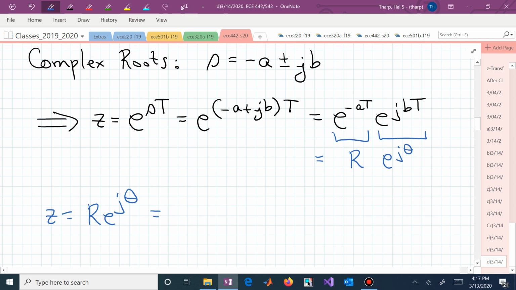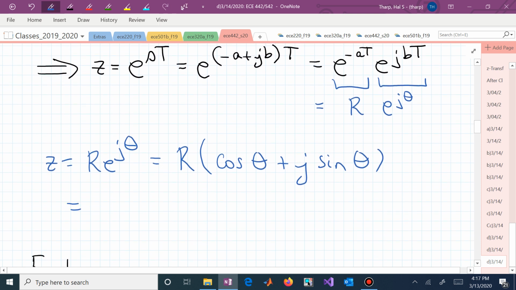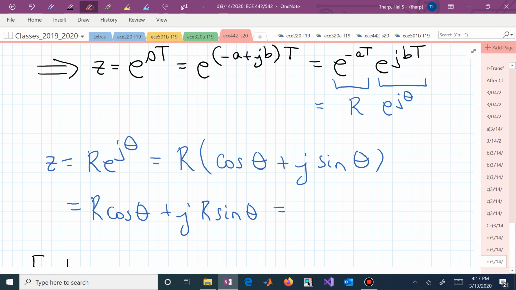If we apply Euler to that, we have R times cosine theta plus j sine theta, where theta is equal to bT. This we can write as R cosine theta plus j R sine theta. So here is the real part of z, and the imaginary part is R sine of theta.